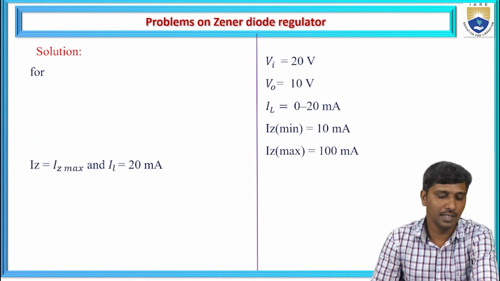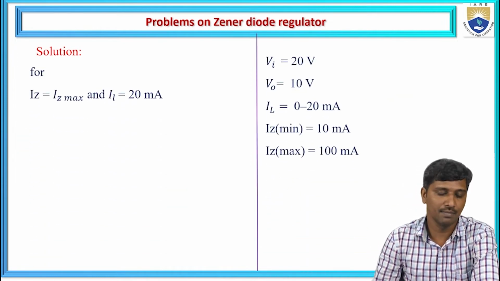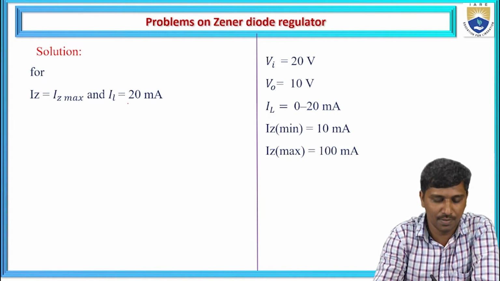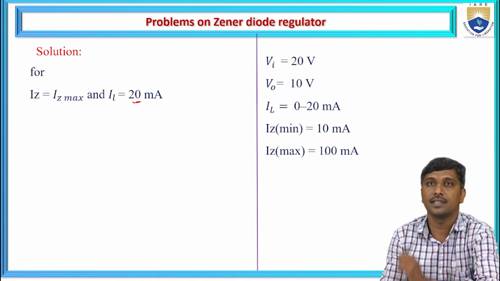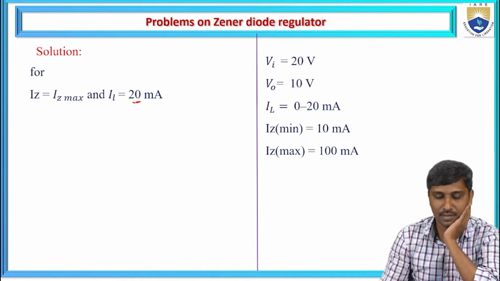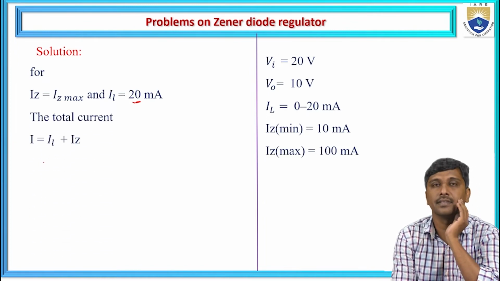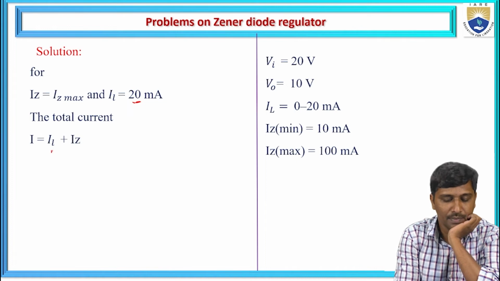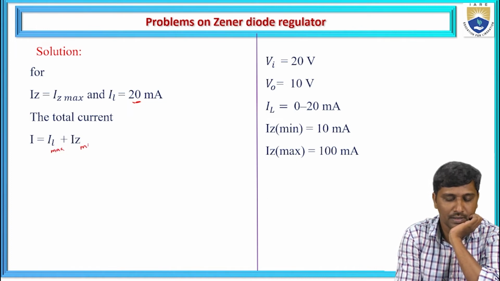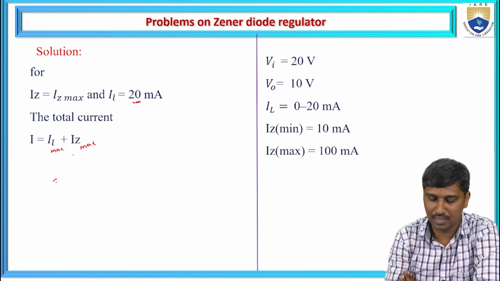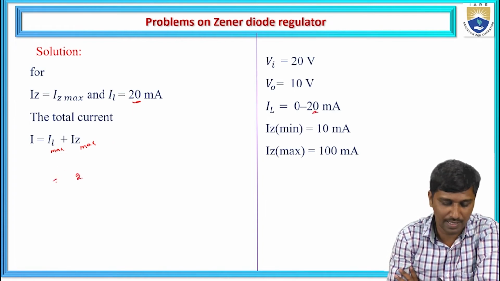And similar to that, we need to calculate for the maximum. If IZ we assume as IZ maximum, the maximum load current is 20 milliamperes when we consider the maximum currents. And from that, the total current is again represented as the summation of the maximum load current and the maximum Zener current. So here we know that IL maximum is 20 milliamperes.